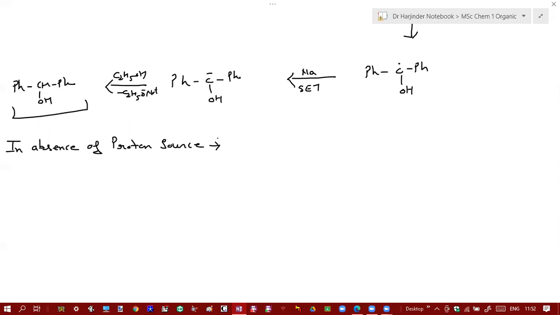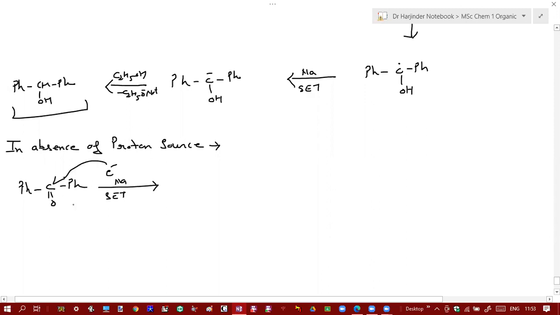We carry out the reaction in the absence of ethanol. Again, there is a single electron transfer from sodium, so it will become this.